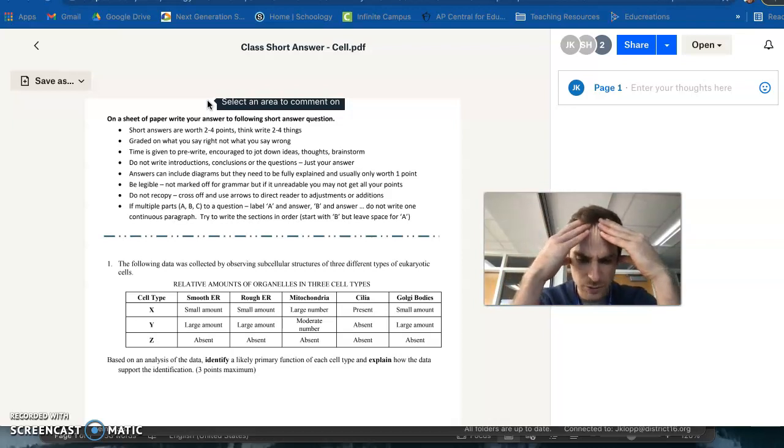Because of our schedules, and I know some people have class during 6th hour, the test will be open until midnight tomorrow and on Wednesday.